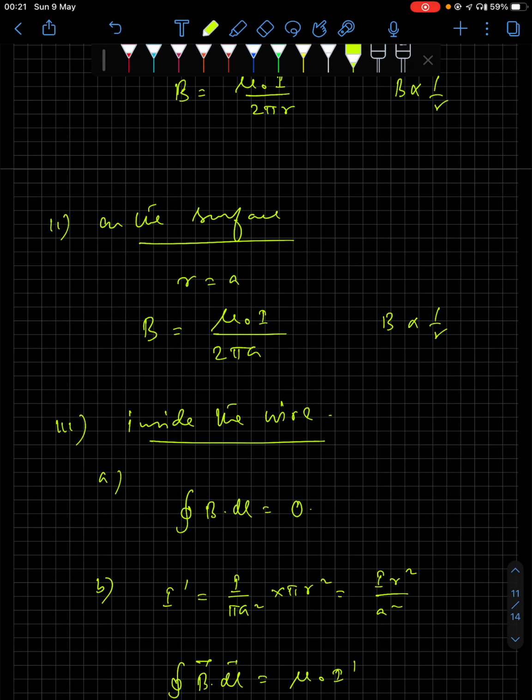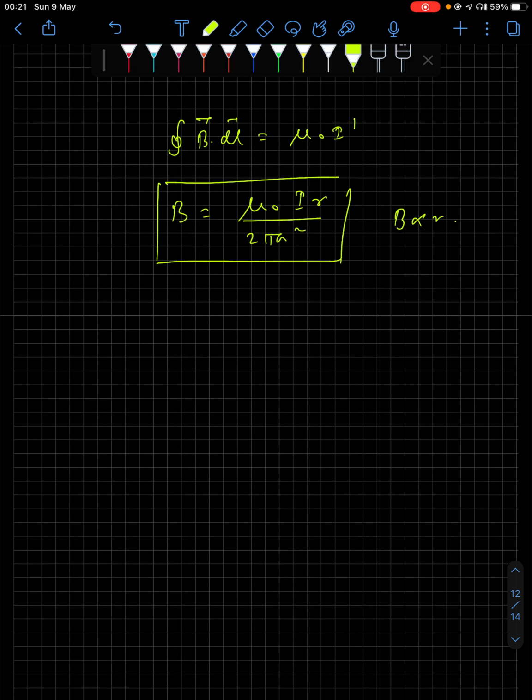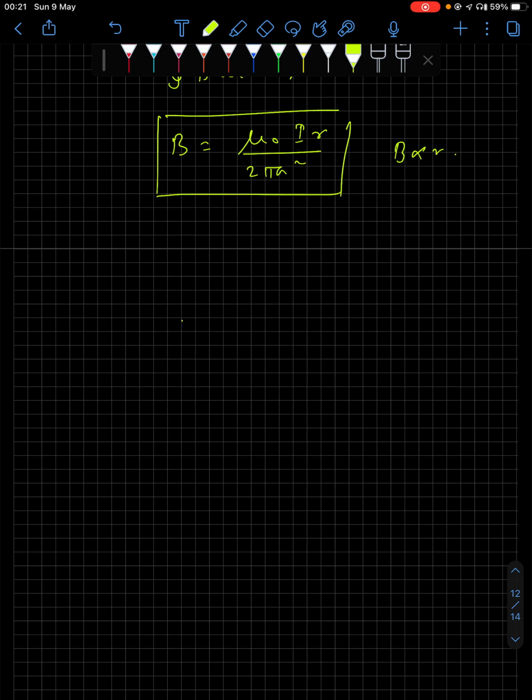So you can put it as B inversely proportional to R. So we have a graph for B, field versus R. So the graph is like this. So here it is B proportional to R and here it is B inversely proportional to R.